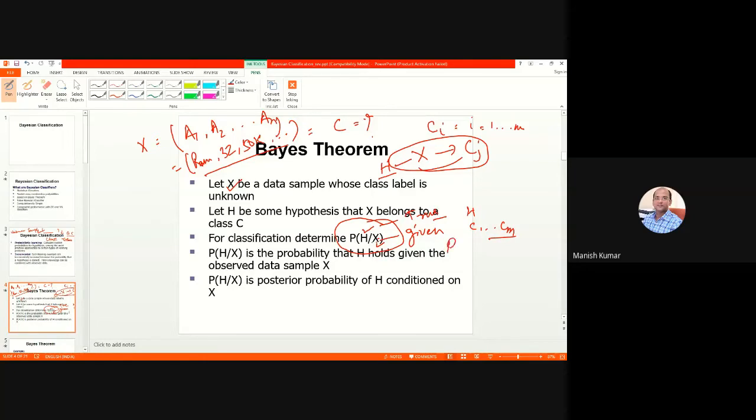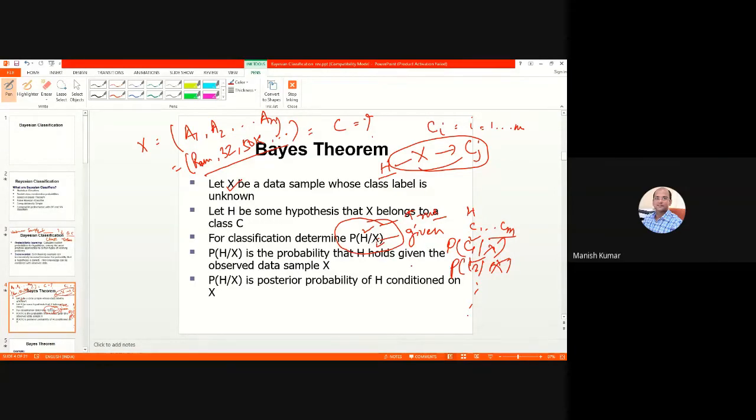So you have to find out P(C1|X), P(C2|X), and so on. Given X, what is the probability that it will fall in C1? Given X, what is the probability it will fall in C2? And so on. You have to find out all these conditional probabilities. So P(H|X) is the probability that H holds given the observed data sample X.